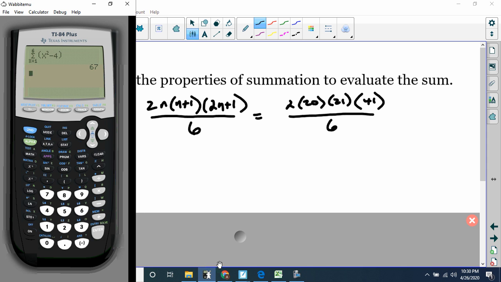And then it's calculator time. And we get 5,740.